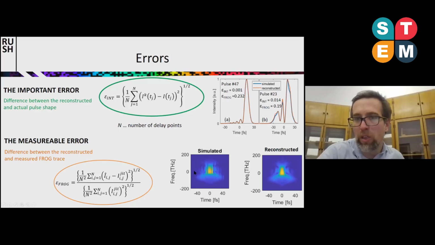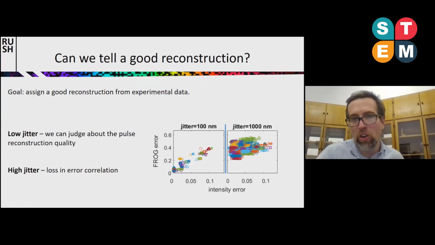So you can tell how much these two differ. And the natural question is, okay, we know this error, this we always know, but we never know this kind of error, which we are interested in. So is there a way how we can tell whether our FROG measurement is good or not? And does it matter whether our delay line is good or not?